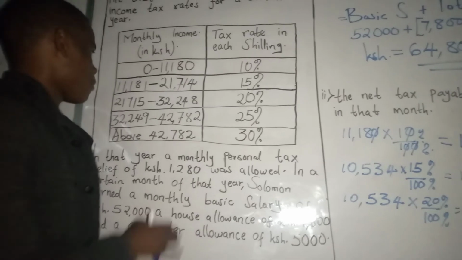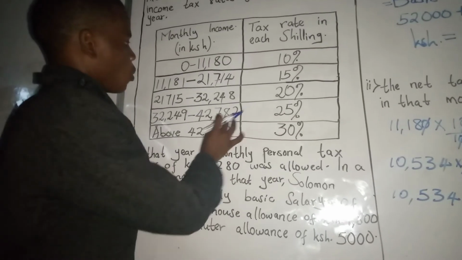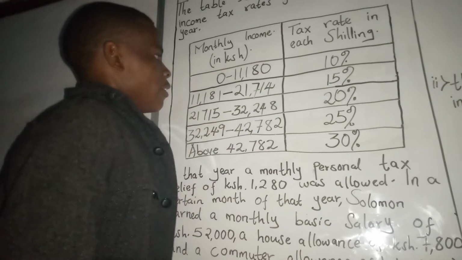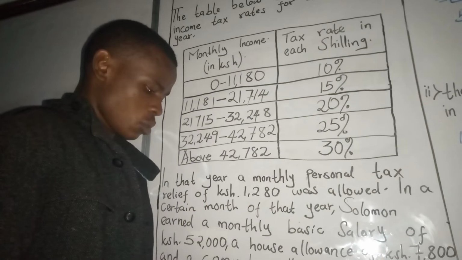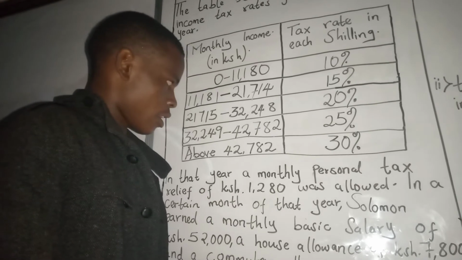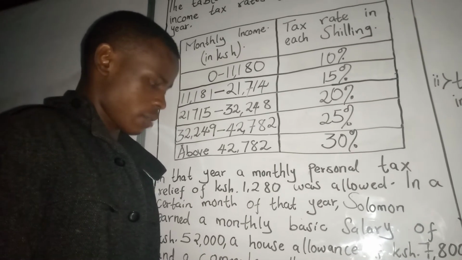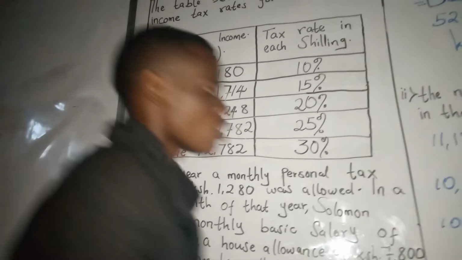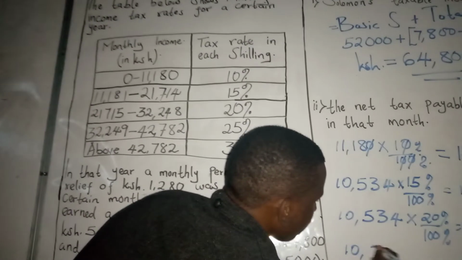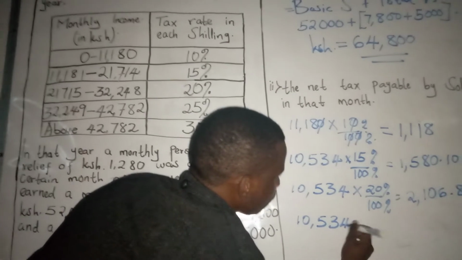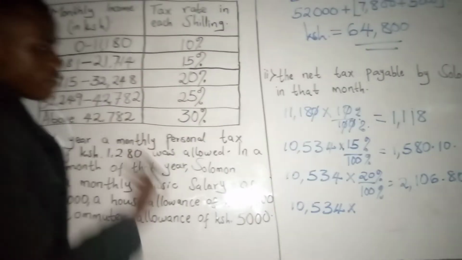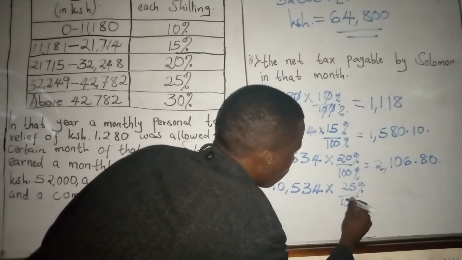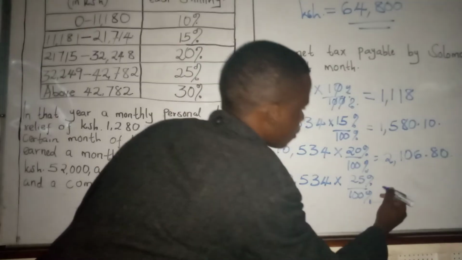Then we come to our fourth part. So our fourth part, we're going to subtract this one minus this one for us to get 42,782 subtract with 32,248. So you're going to get 10,534, multiplied by 25%, so over 100.